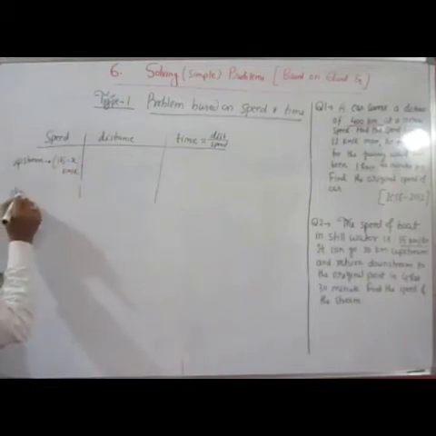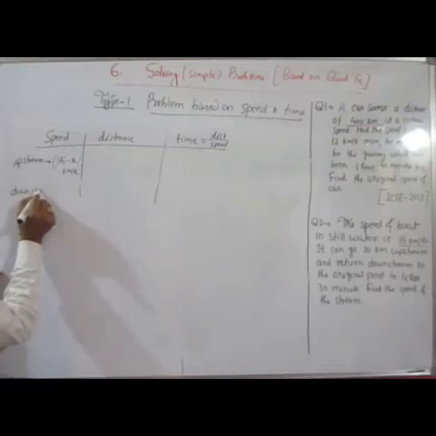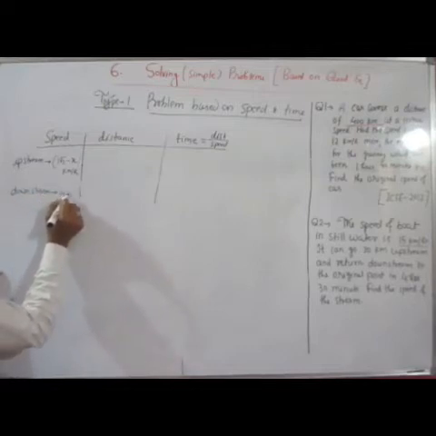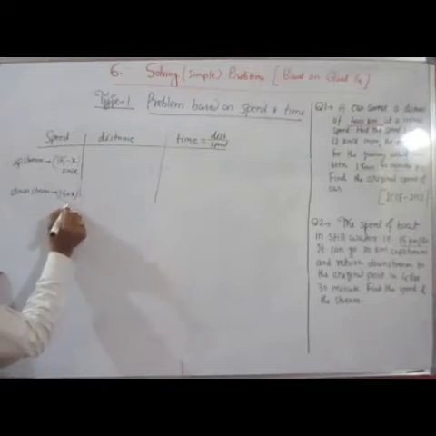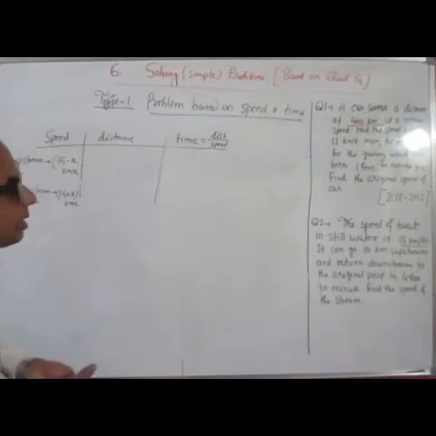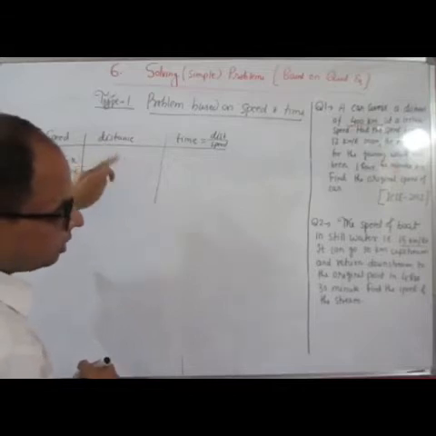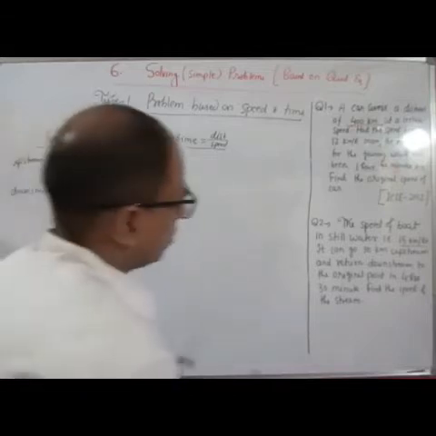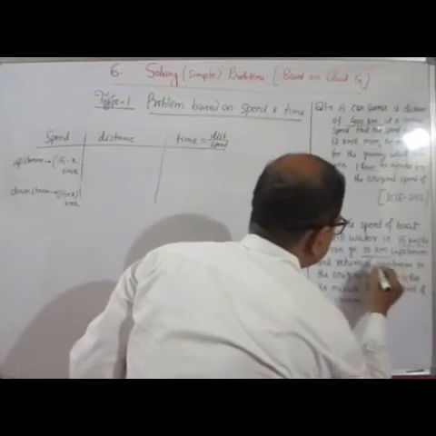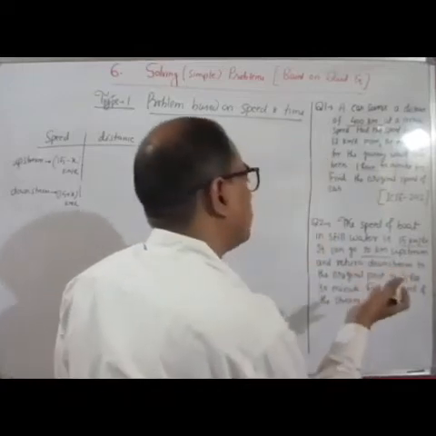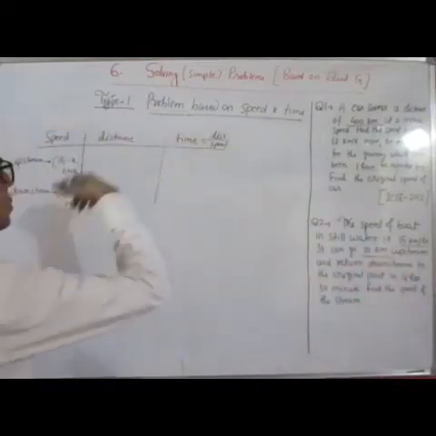Now downstream, the speed is 15 plus x kilometer per hour. In the downstream, speed will increase. So 15 plus x. Now, what is the distance covered? The distance covered is 30 kilometer upstream and 30 kilometer downstream.